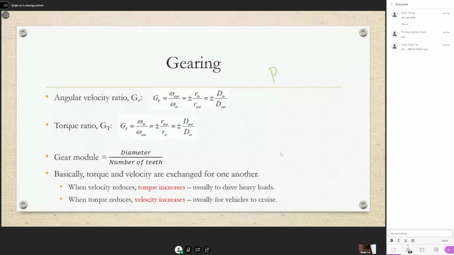We first learned that power equals force times velocity. After that, when we studied circular motion, we also learned that power equals torque times omega. So to keep this P constant, if T increases, omega must decrease, and vice versa.